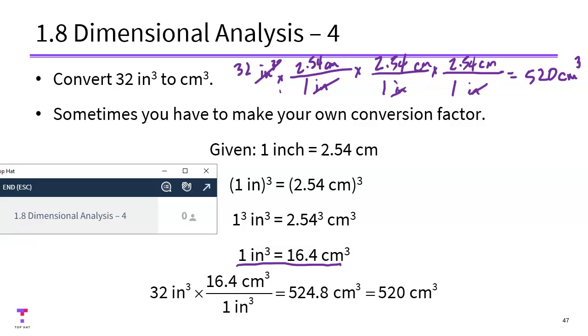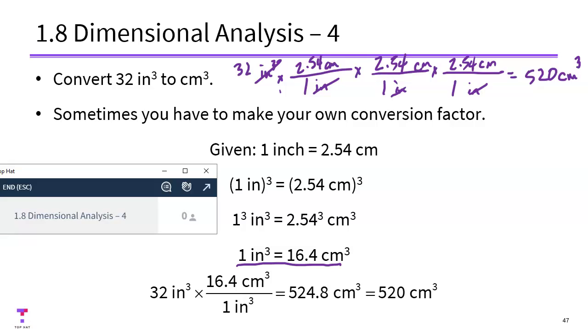So I could do that in this case, and with proper rounding, end up at 520 cubic centimeters. Similarly, instead of cubing the conversion, I could just simply do the conversion multiple times and end up at the same place. If I want to convert inches into centimeters, I know that the conversion is 2.54 centimeters per inch.